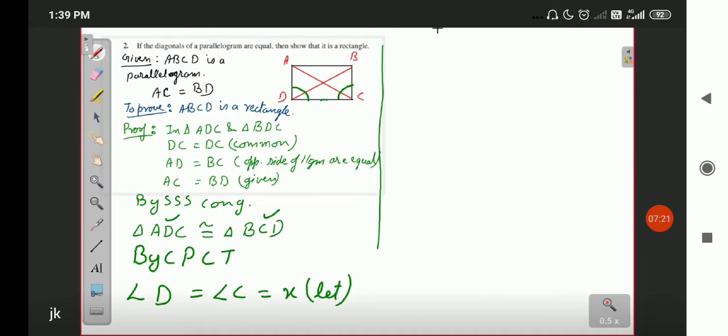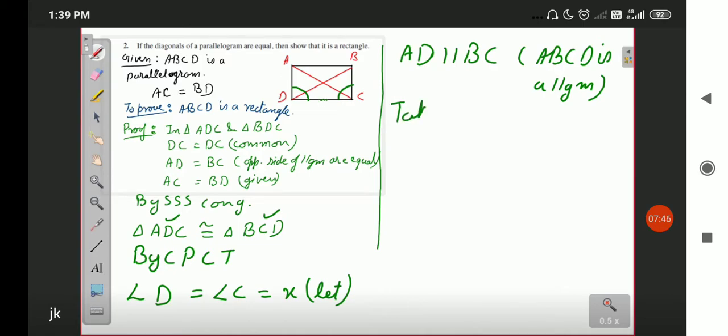Also, since AD is parallel to BC, because ABCD is a parallelogram and opposite sides of a parallelogram are parallel, taking DC as transversal, what will happen now?